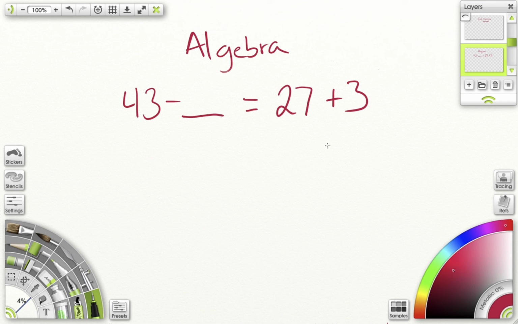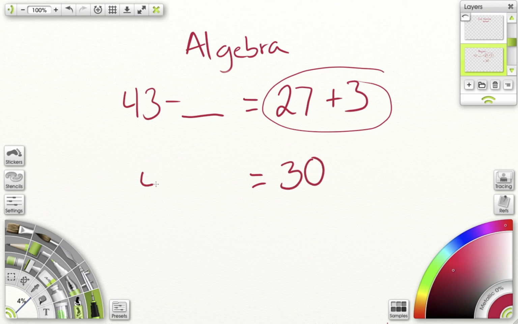In order to do that, I have to figure out the side of the problem that I can do easily, because I can't figure out what the blank is right away. I need to figure out this side of the problem. So I need to figure out 27 plus 3. So I'm going to count 27, 28, 29, 30. So 43 minus blank is equal to 30.